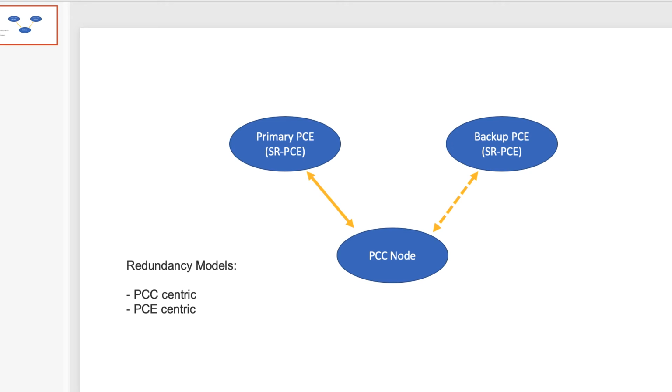So the previous model that we saw was your PCC centric. By default, when you initially configure the SR PCE and PCC, the mode of communication between your PCC and PCE is called PCE centric mode. So in the PCE centric mode, what happens?